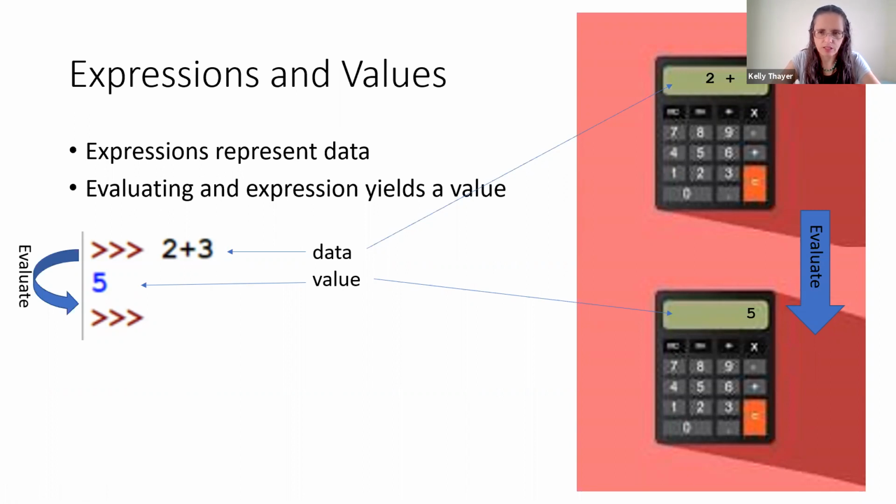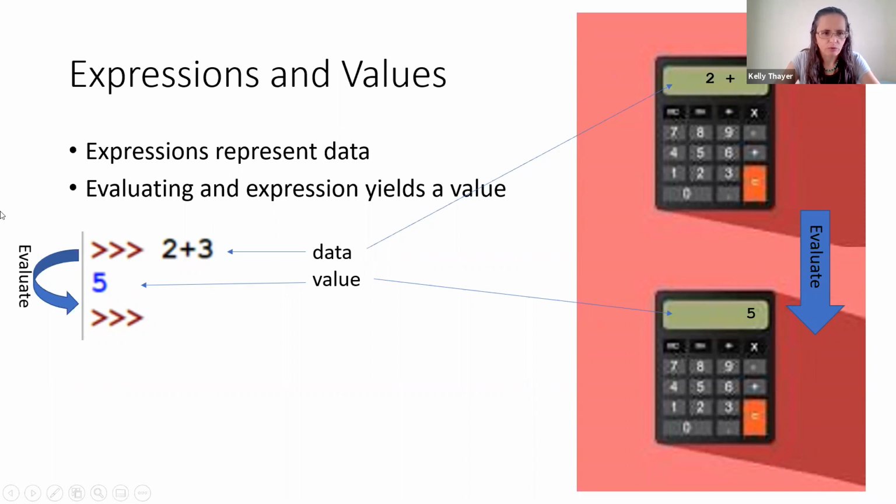When we press the equals button or the enter button, that represents the evaluation, when we're asking the calculator to tell us what the answer is. That is then going to parse the expression and return a value that is reported back on the screen. So we're quite familiar with this: 2 plus 3, press the equals button, and 5 will show up on your calculator.